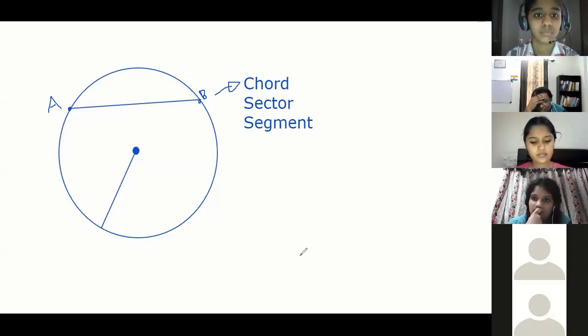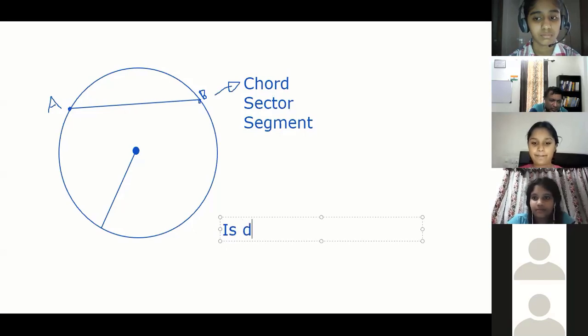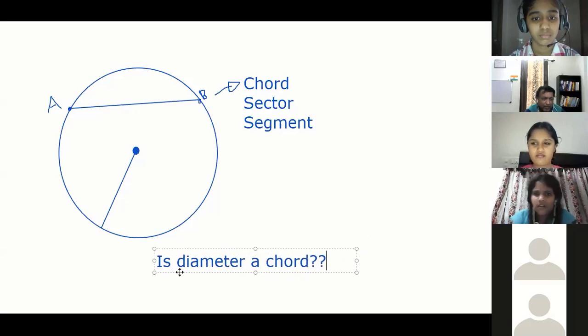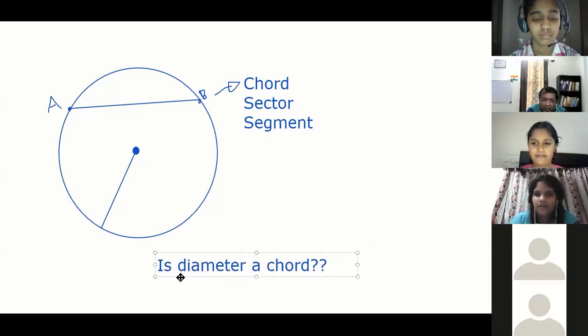So tell me, Ishan, is the diameter a chord of a circle or not? Yes, sir. It can be the longest chord. So the diameter is a chord.